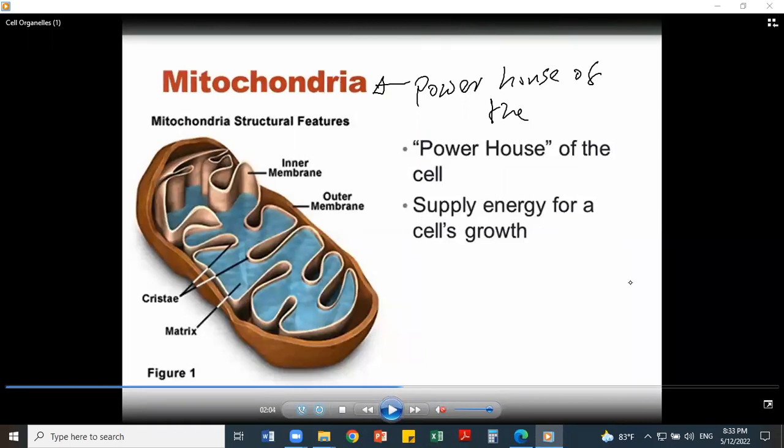So there are two membranes. It's a double membrane organelle. If you want, you can make a rough sketch. So if you want, you can draw a line diagram like this.